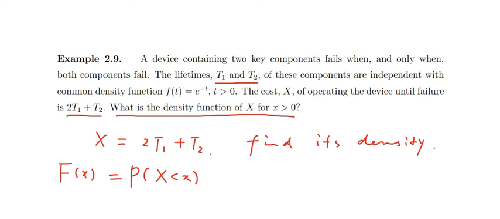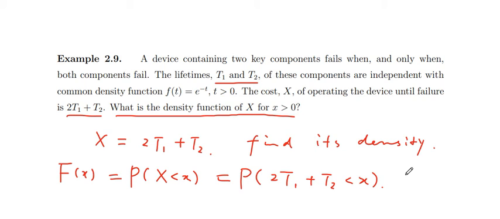So this equals, plugging in, 2t1 plus t2 less than x. So for fixed x, we want to find this probability. And we regard this probability as a function of x. So this function is a cumulative function. So then using the derivative, we can find the density function. Right?